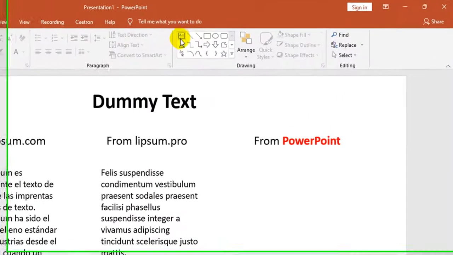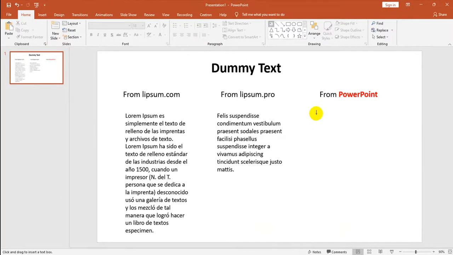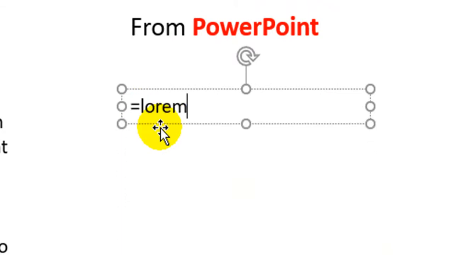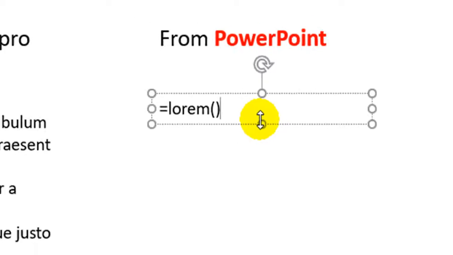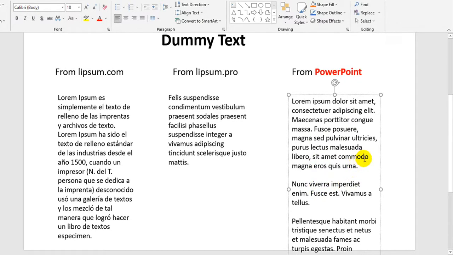Just click the text box here, create a text area, and type some code like equals lorem, opening parenthesis and closing parenthesis. This is very easy. Just press enter, and PowerPoint automatically creates its own lipsum dummy text.